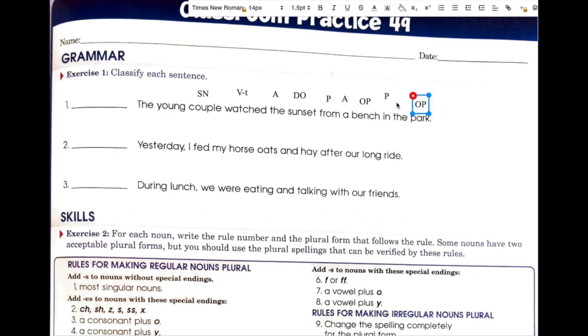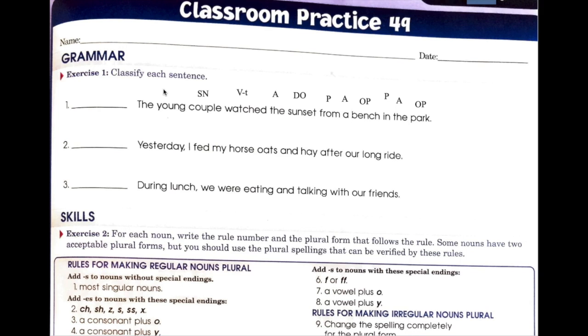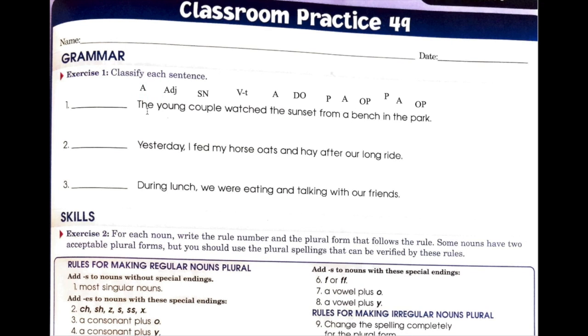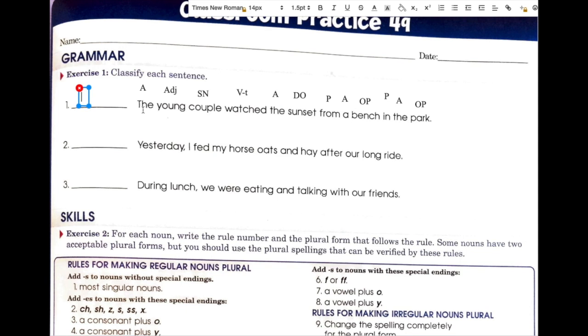The is always an article adjective. What kind of couple? Young. It's describing. It's answering what kind. It's an adjective. The is always an article adjective. It only has one direct object, so keep that in mind. This is a subject, noun, verb, transitive, direct object, pattern 2.